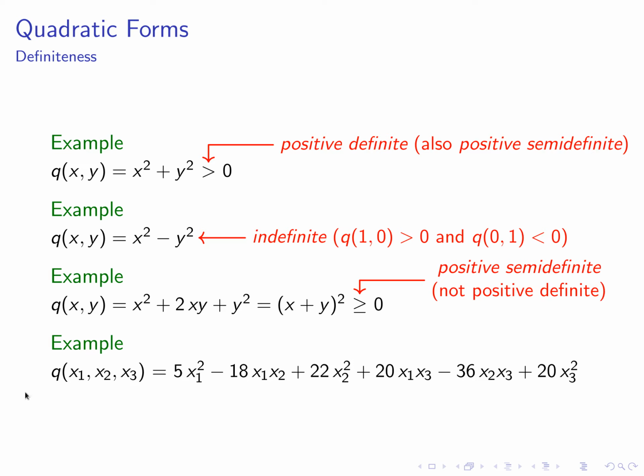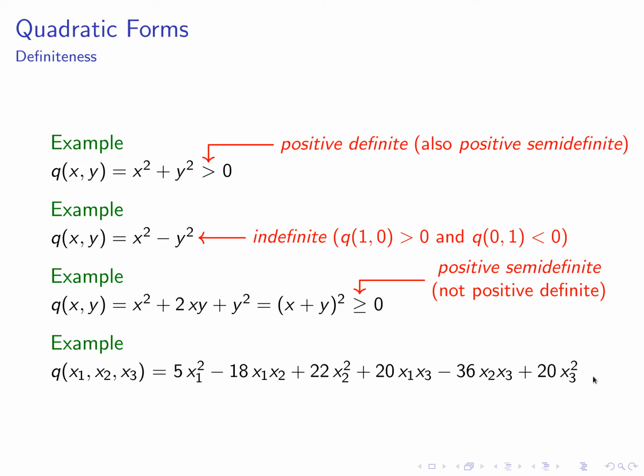And here's one last example. This is a perfectly good quadratic form on 3 variables. Here the formula is 5 x1 squared minus 18 times x1 times x2 plus 22 times x2 squared plus 20 times x1 x3 minus 36 times x2 x3 plus 20 times x3 squared.